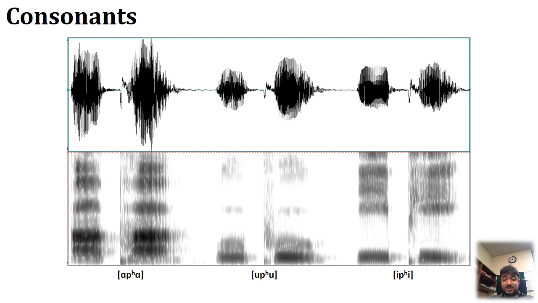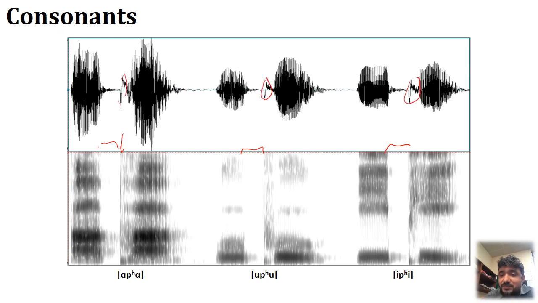All right, so here you're going to see aspiration for the first time. So again, look at the graphs. These are apa, upu, ep. Again, observe there is a closure, there is a burst. By the way, bursts are also visible here. I forgot to mention it earlier.